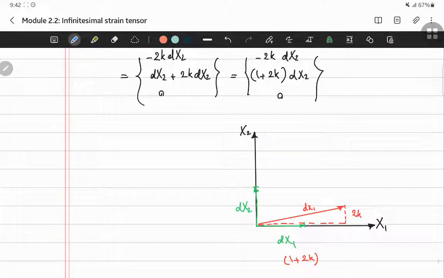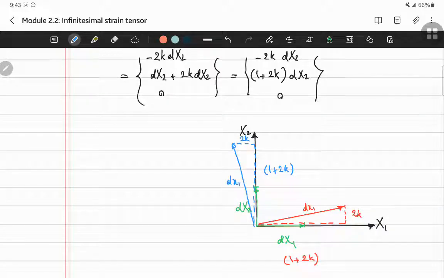So minus 2k here. And then I have, this is 2k, of course. So it is minus, in the opposite direction of x1. And then 1 plus 2k times dx2. So we have something like this, for example. This is 1 plus 2k. So we finally have something like this.